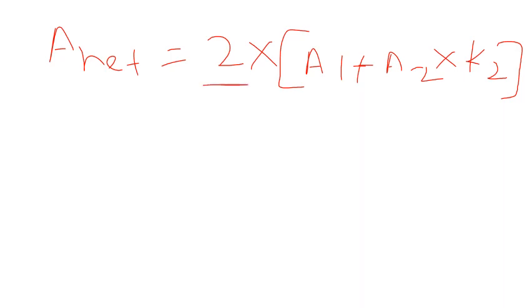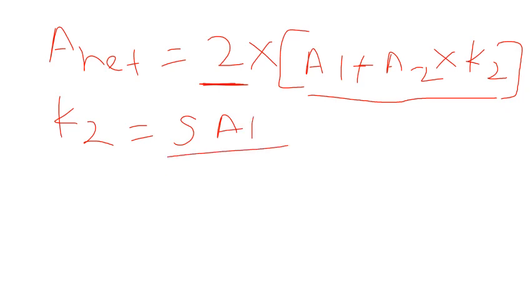So this is for two angles, A1 plus A2 into K2. This is the first standard formula, and K2 is equal to 5A1 divided by 5A1 plus A2. So to find the K2 we need to find out the A1 and the A2.